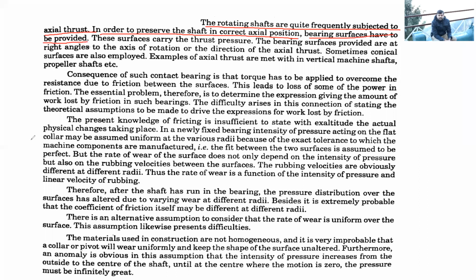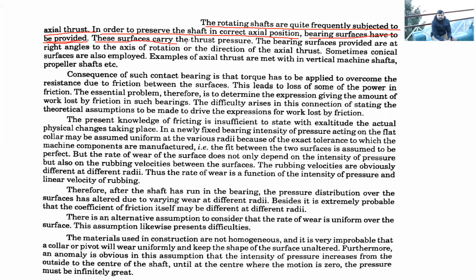That is, the shaft should not change its position and should not vibrate too much, and it should be kept coaxial with the other mounted mechanical components. So we have to provide some bearing surface.